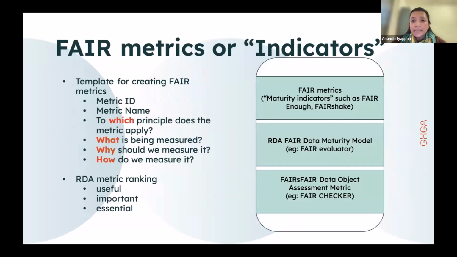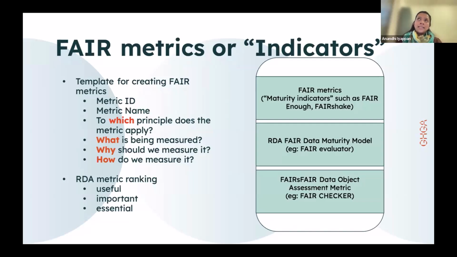In order to assess fairness, there are certain metrics or indicators which can be adapted to evaluate the quality of data sets. There are various organizations which have come up with templates. This is one of the most popular templates that exist to consider a fair metric.